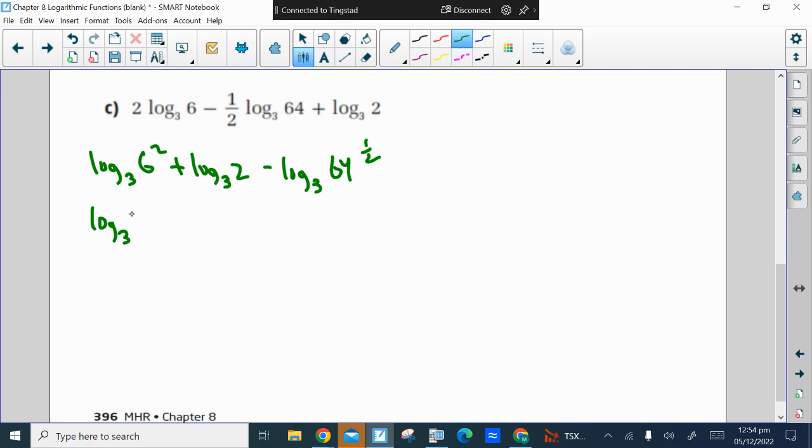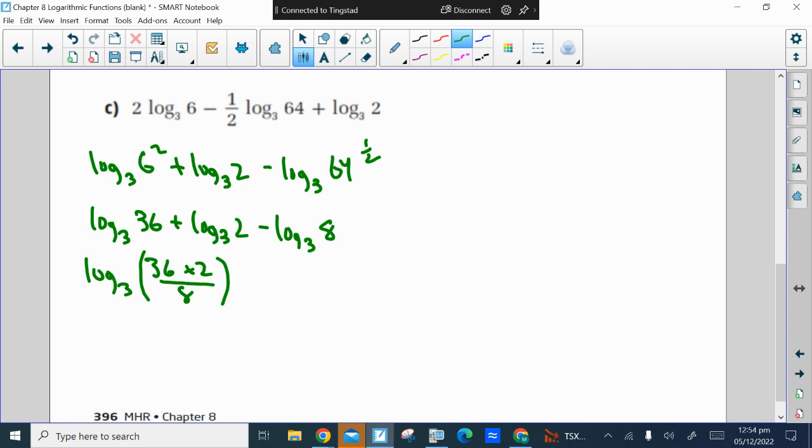So I'll have log base 3 of 36 plus log base 3 of 2 minus log base 3 of 8, because power 1/2 means square root, and the root of 64 is 8. So now I can combine all three of these using the product and the quotient law. And the 8 in the bottom goes into 36. No, it doesn't.